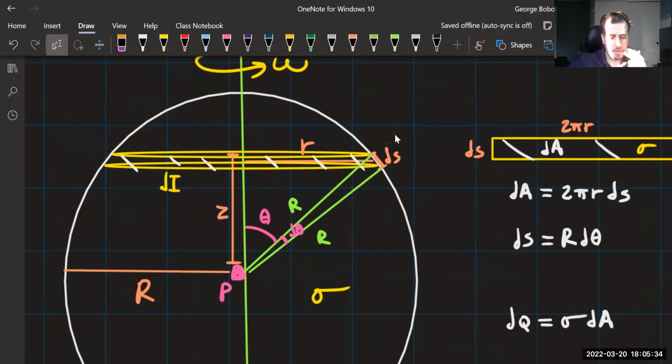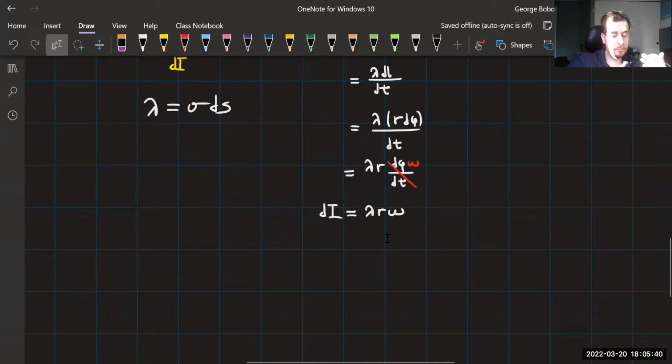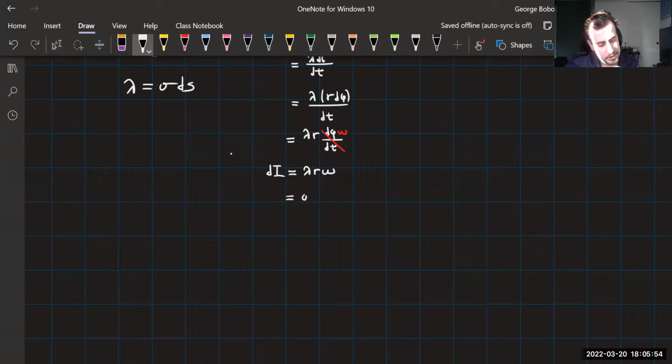And so when I get here, if I want to involve sigma, I need to be really careful about that smearing amount. I got here sigma r omega ds. I know what ds is. We've proved it to be r d theta.